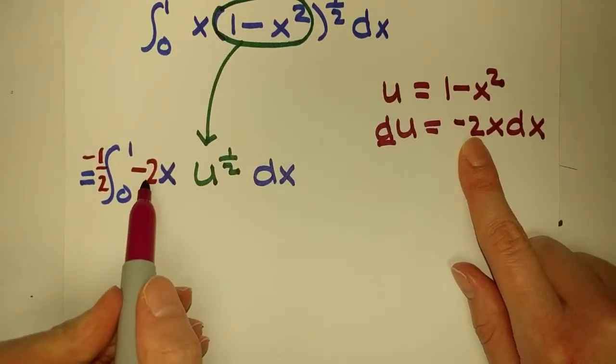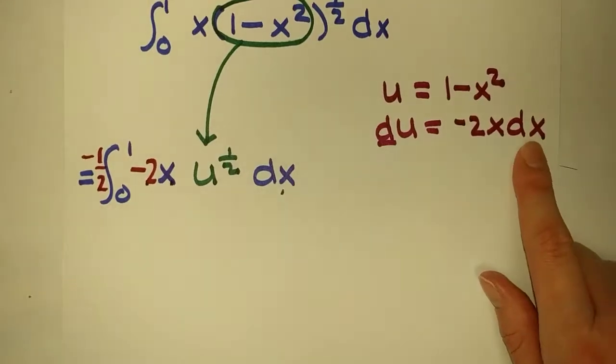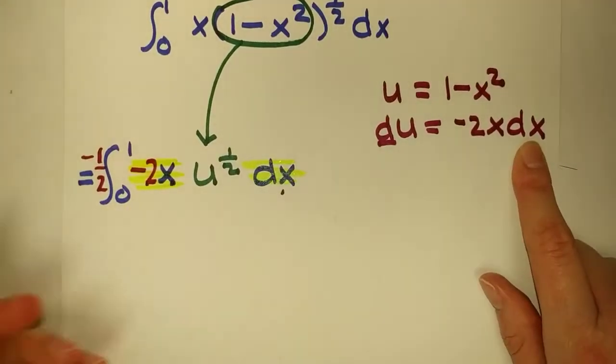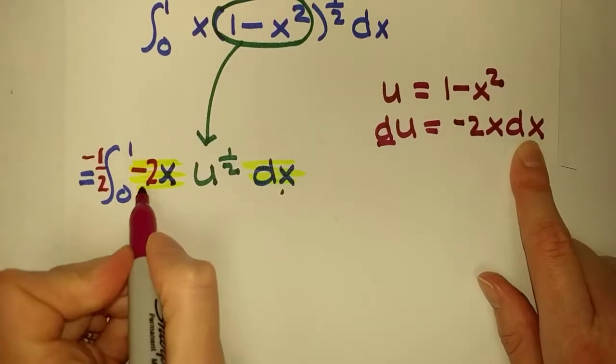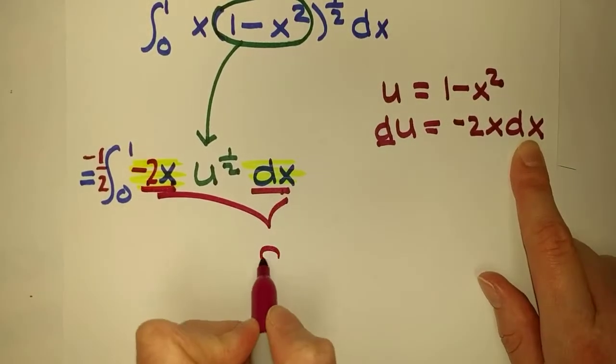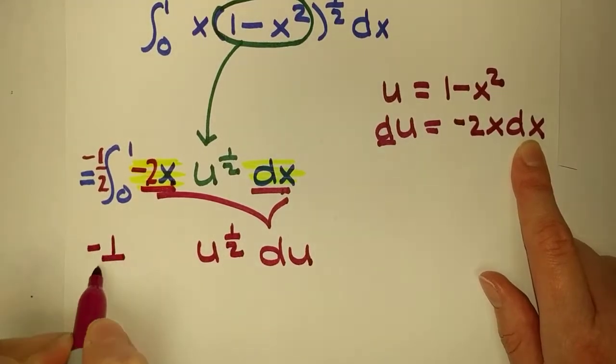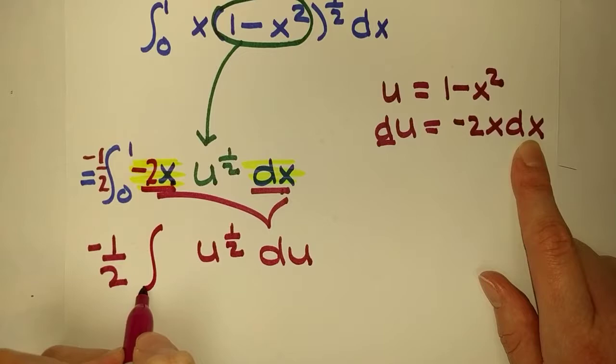So now we have the negative 2, the x, and the dx. All three of these factors multiplied together become our du. We still have the u to the 1/2. We still have the negative 1/2 and the integral sign.